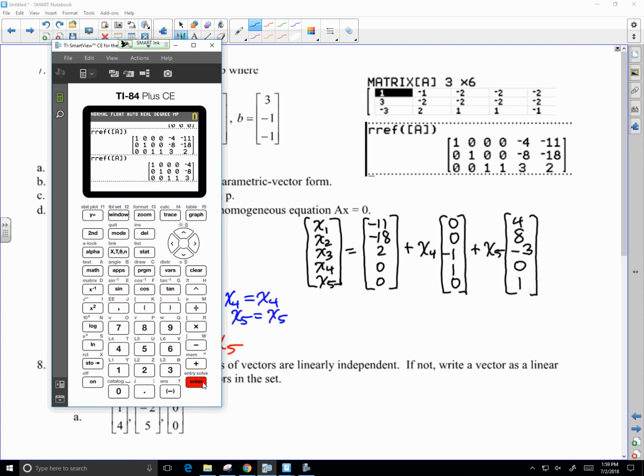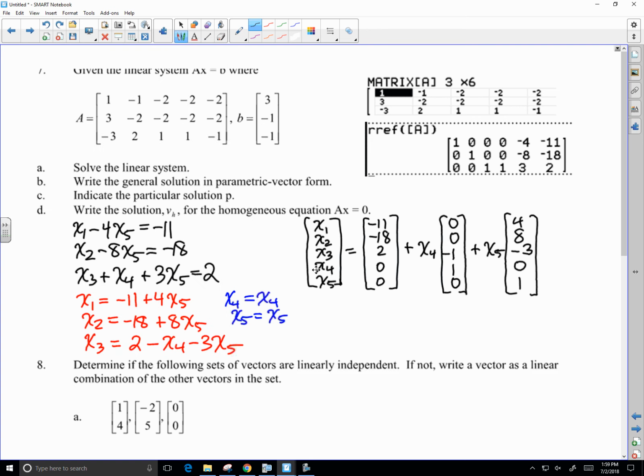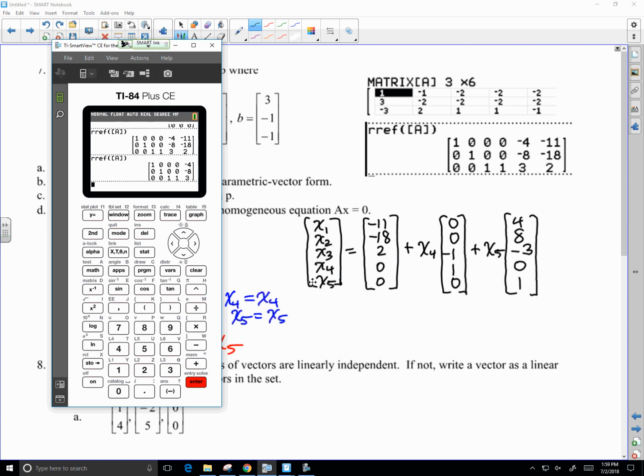Find the homogeneous solution, which is to say the matrix without the B component. So you just knock that right out. Just make your B vector equal to 0. And then look at what you have.